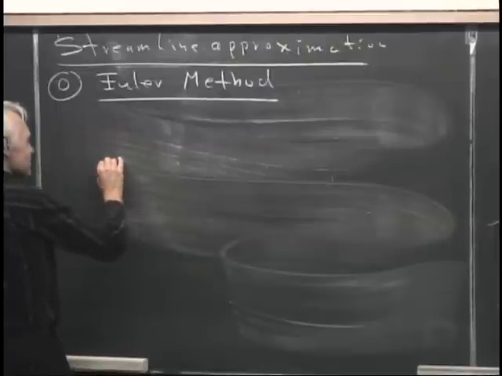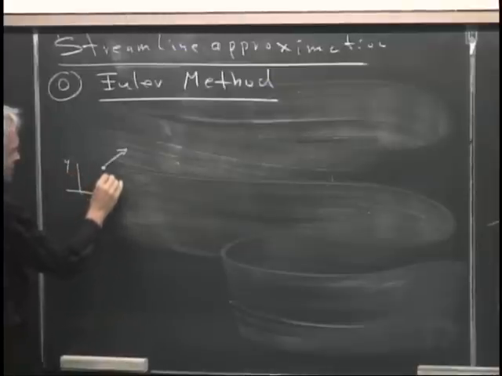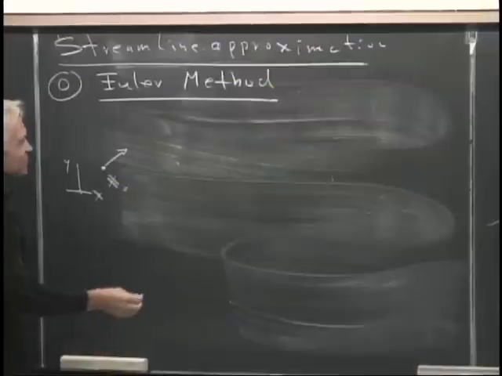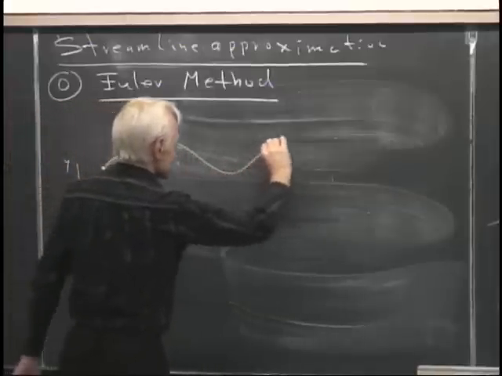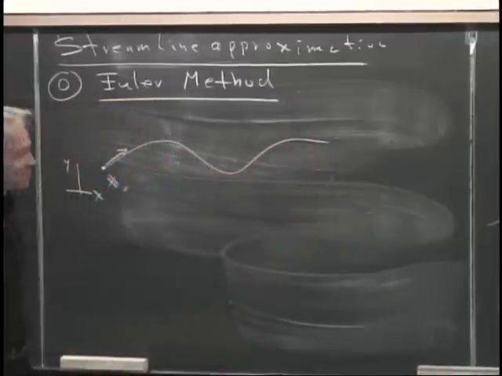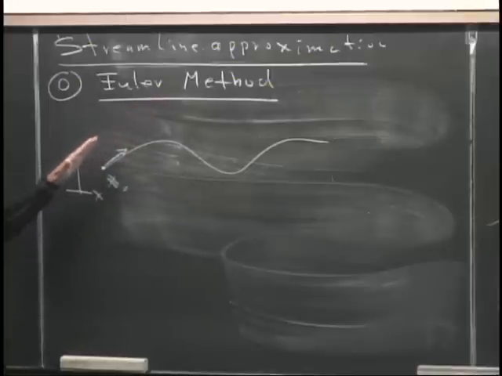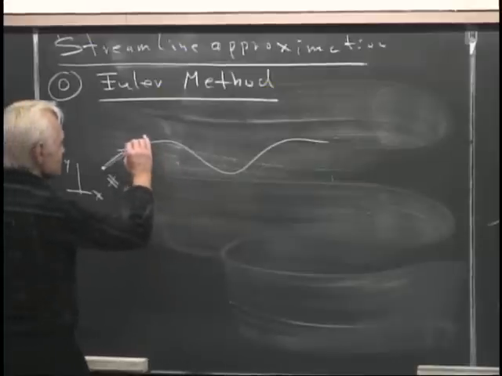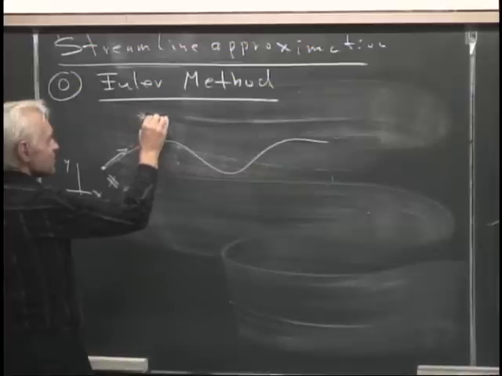So we have a point and we have a vector. This is an xy plane. This is an initial point, and for the point I will use boldface notation, x0. And we want to know, well, where's the streamline here, right? So this might be the real streamline, which we don't know. We want to get it. We only have this. The simplest way is to just take this point and follow in this direction, dictated by the arrow that we know there. So you just say, okay, I just stay on this direction, and I call this point number 1.